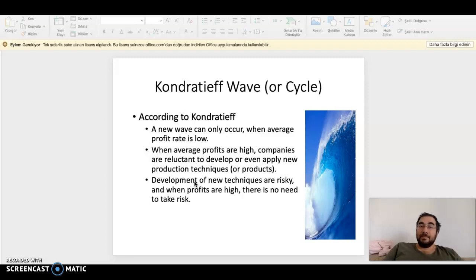And mainly, according to Kondratiev, a Kondratiev wave or cycle happens in this way. We start at a period when the profit rates are low, and when profit rates are low, the companies are more willing to take risks, because the traditional type of investments, the traditional type of behavior, doesn't bring companies enough profit.